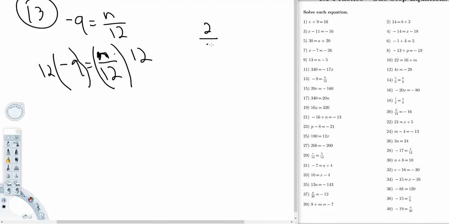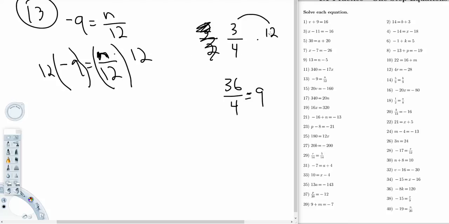let's do a better example, 3 over 4 times 12 is really saying 36 over 4, and that equals 9.